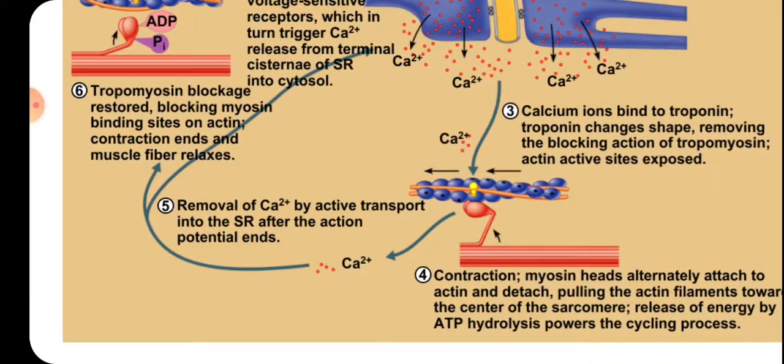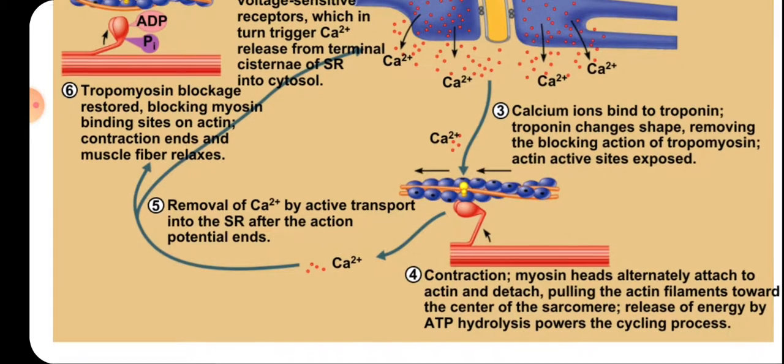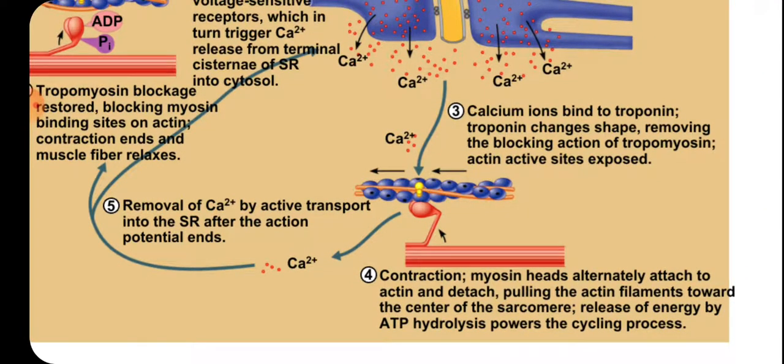In the fourth step, which is the contraction, myosin heads, depicted by the orange globules, alternately attach to actin and detach, pulling the actin filaments towards the center of the sarcomere.